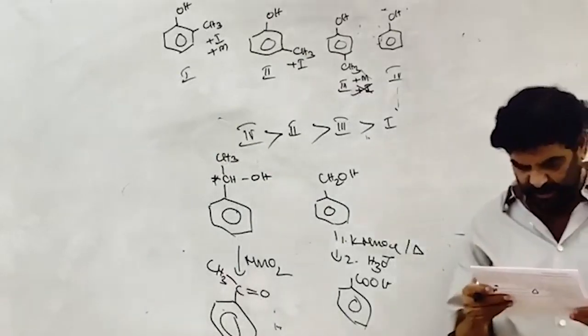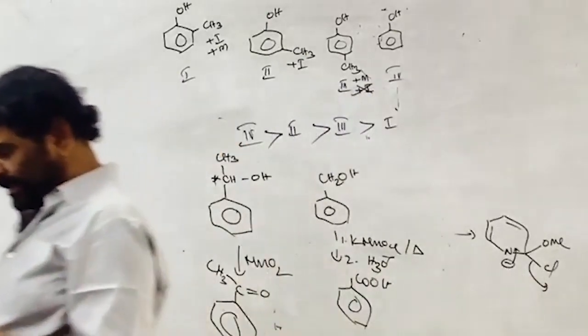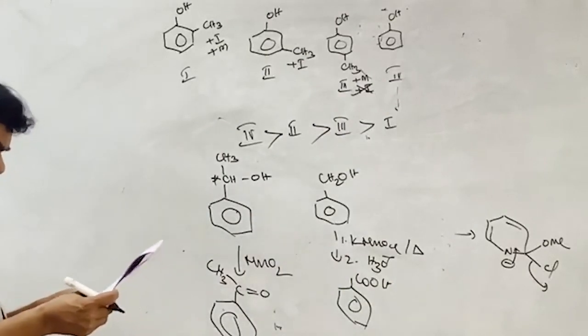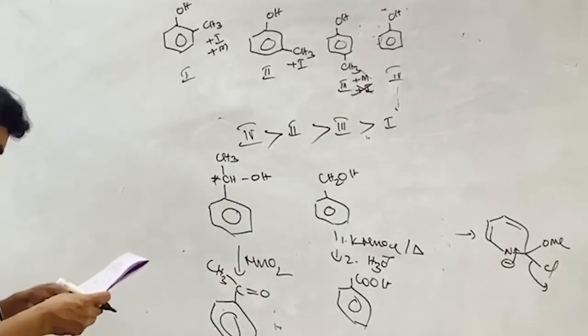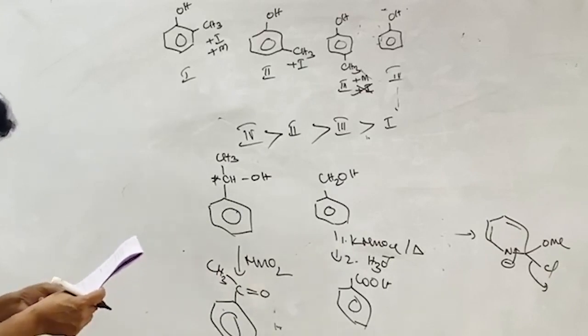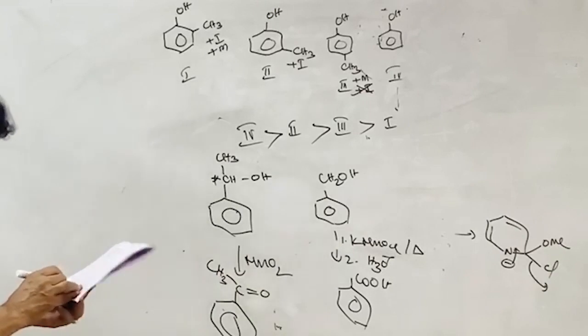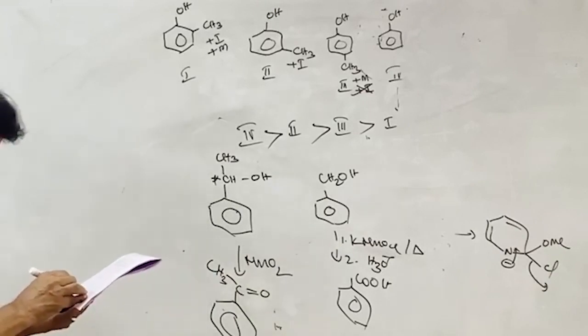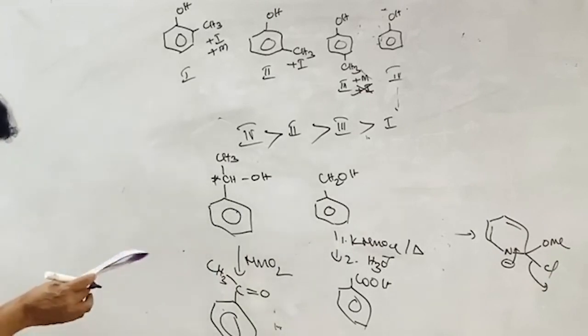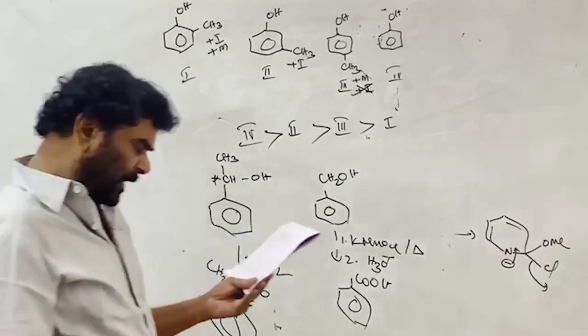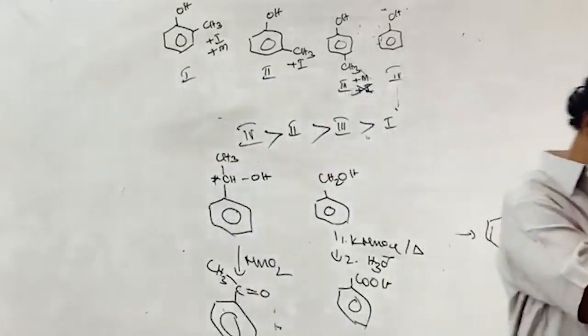P is one and Q is the other one, P and Q respectively. That is A is correct. Acetophenone, not A is correct. One minute. That is C is correct. No. D is correct. Yes, D is correct. Methyl phenyl ketone and benzoic acid.